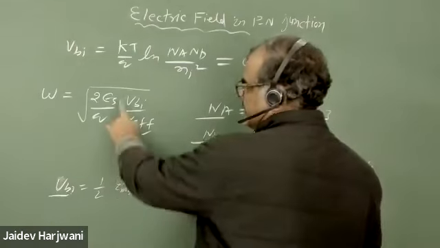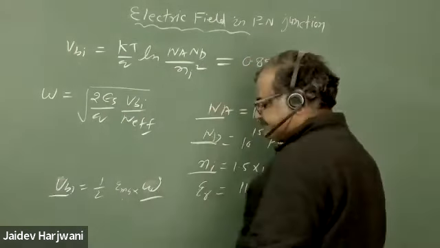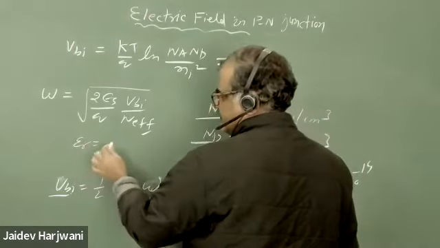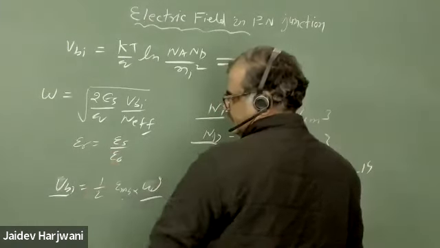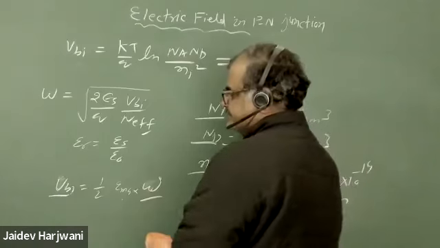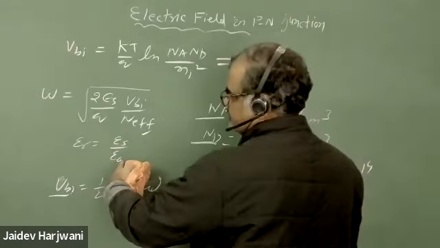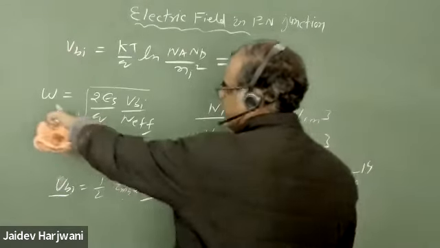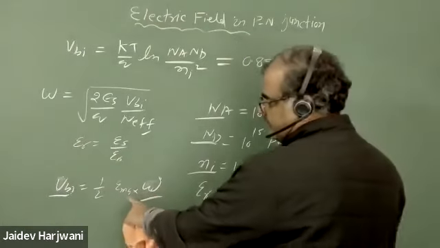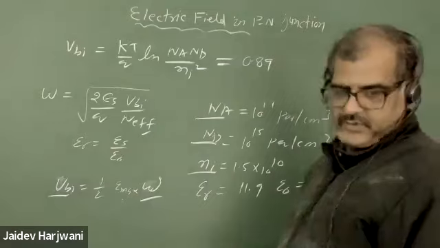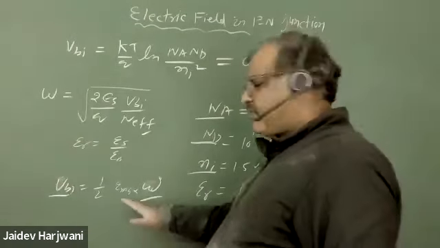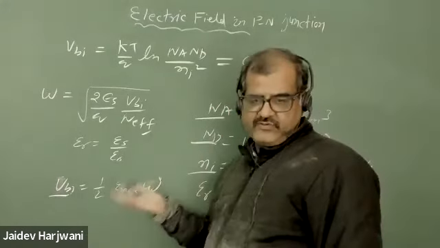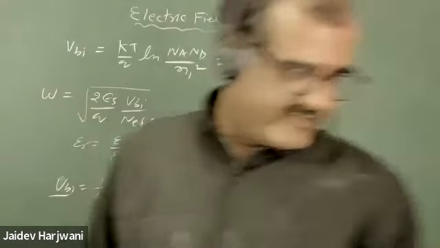For Es, you can write Es equals E naught ER, and then you can calculate the W. Once you know W, you can find Emax from this equation, because the other formula for Emax will not work here, as Xn and Xp are not given. So we're using this formula.